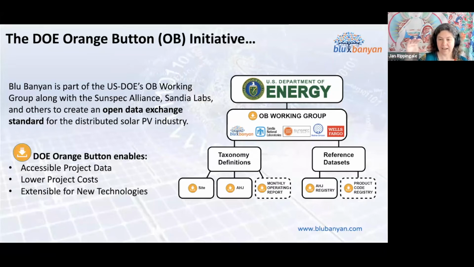With the AHJ registry, we have a geomapping registry of all authorities having jurisdiction, every place that you need a permit from. There are actually 48,000 in the United States, geomapped together with a common identifier and common characteristics, such as the fire standards and other safety standards you need to meet in that jurisdiction. Wind standards vary a lot across the US, and it's all captured in one central database.